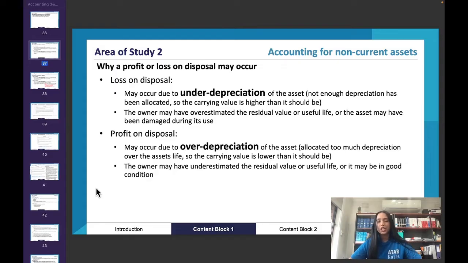And so under depreciation happens for a number of reasons. You have to remember when you were learning about depreciation, depreciation is calculated purely based on estimates and estimations. So we estimate the residual value, we estimate the useful life. The only thing that we don't estimate when we're calculating depreciation is the cost, because obviously we have a source document to back that up.